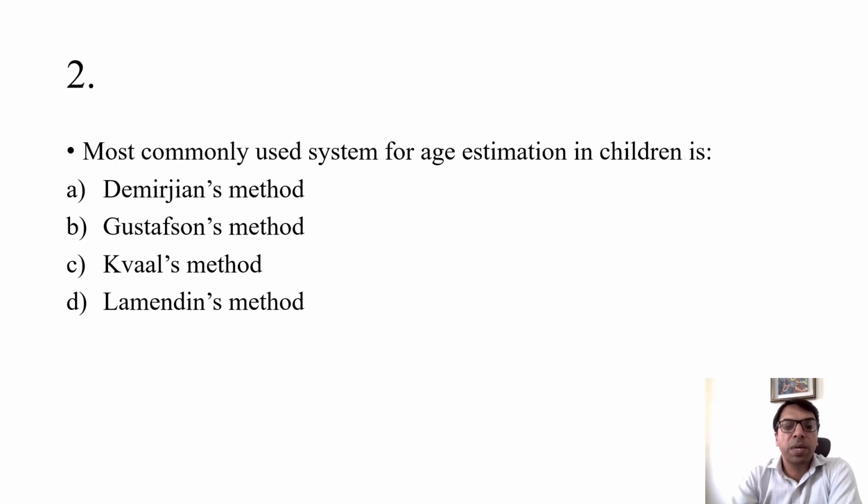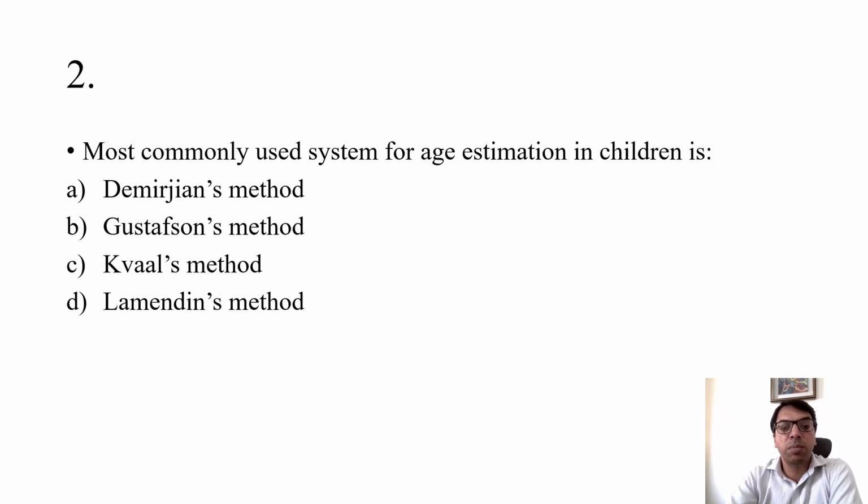And the Kvaal method is for adult age estimation. It measures the ratio of tooth pulp with the tooth material by X-ray examination. The Kvaal method is used in adults.